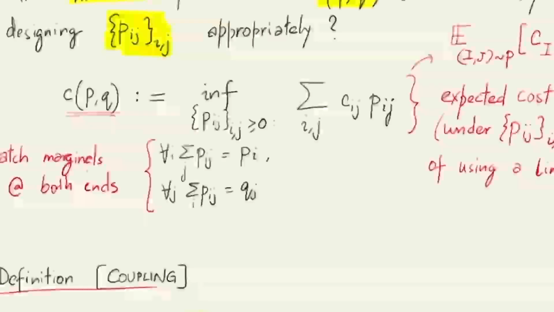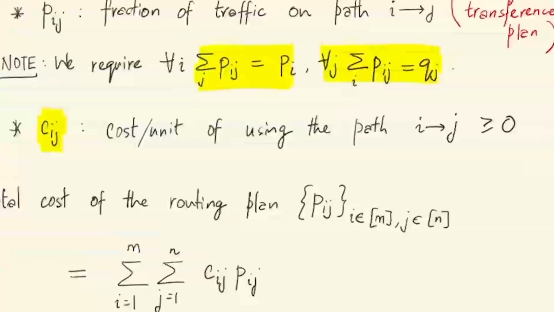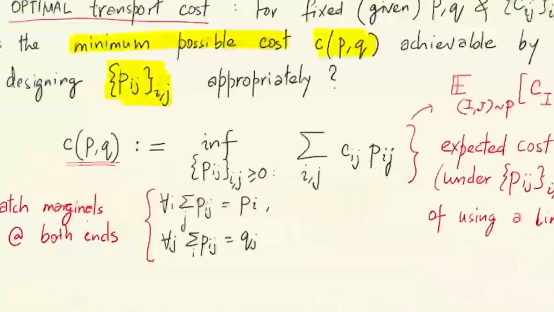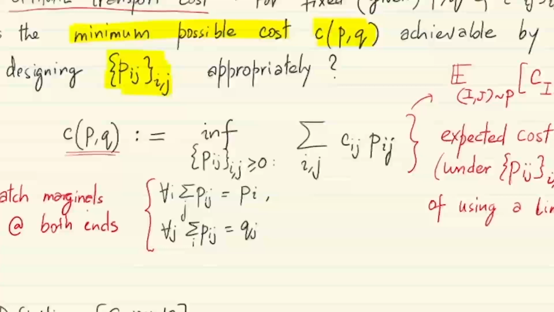If we recall what our problem was, it was a minimization of the following cost, which is linear over the variables Pij. So the objective function is linear over the Pij's, and the constraints are also linear over the Pij's.